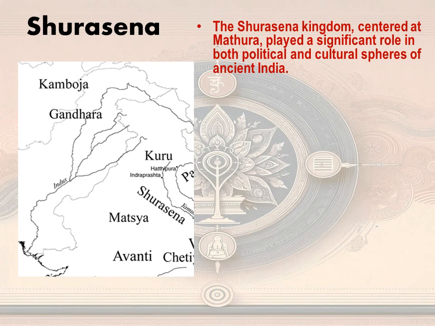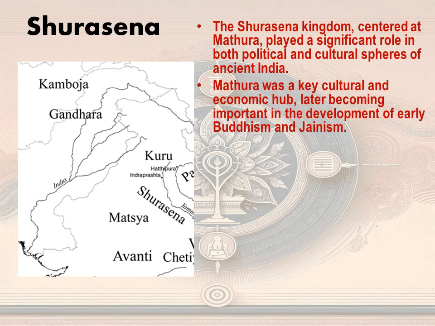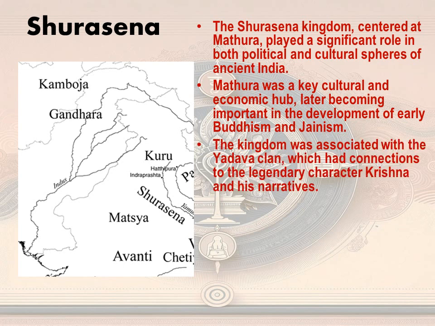So the region of Mathura is where the Surya Sena kingdom is said to have existed. Mathura was a key cultural and economic hub, later becoming important in the development of early Buddhism and Jainism. So these two religions, Buddhism and Jainism, had a very developmental impact on the city of Mathura.